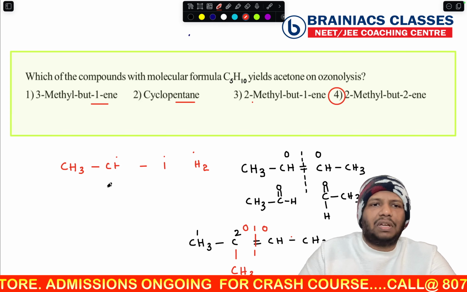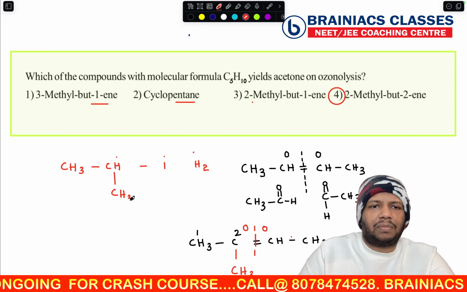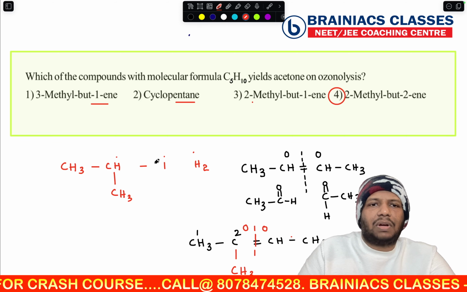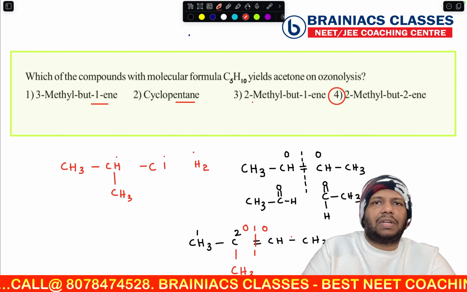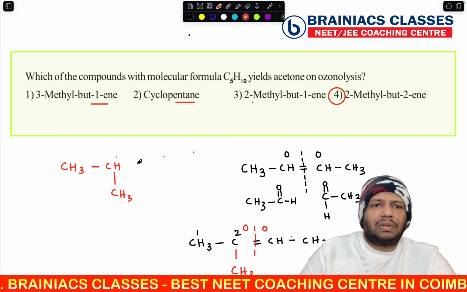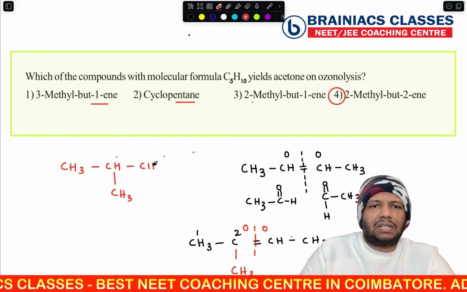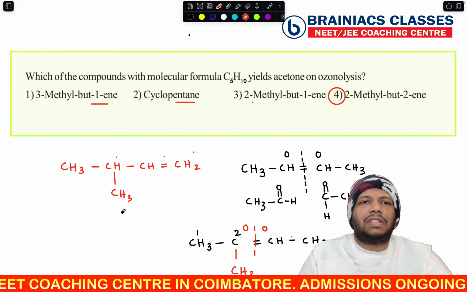Here, in this position, you have a CH3 group, then you have carbon, and here you can see CH double bond CH2. So this is fundamentally my 3-methyl but-1-ene.